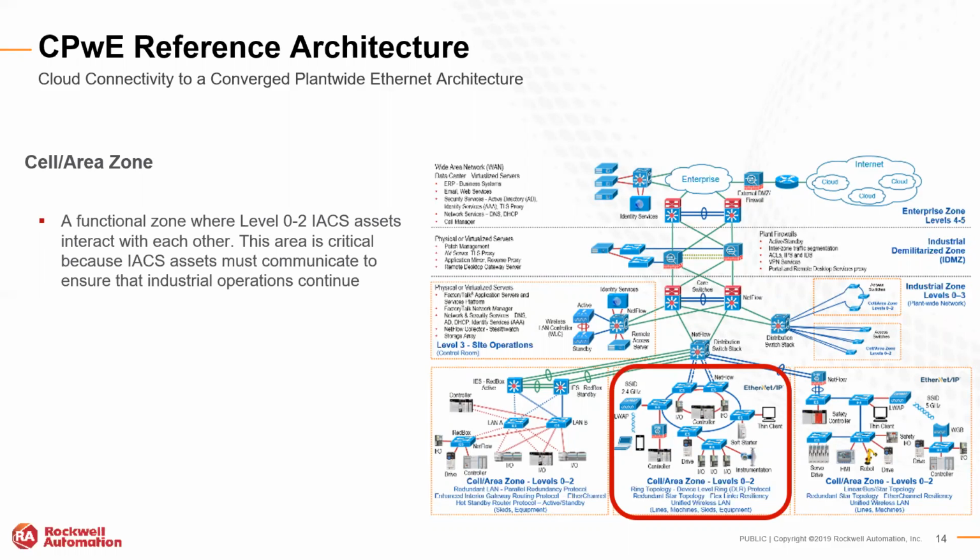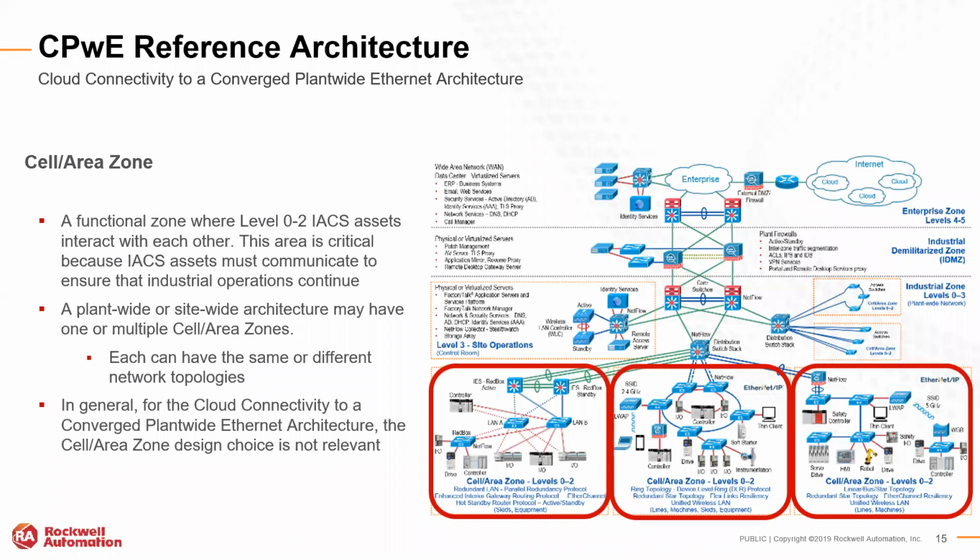Cell areas are where a lot of us are most comfortable: levels 0, 1, and 2, your automation control systems, SCADA systems, the meat of the network where a lot of the operations on the plant take place.